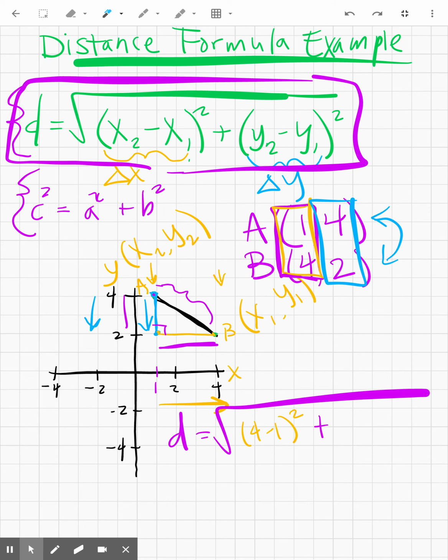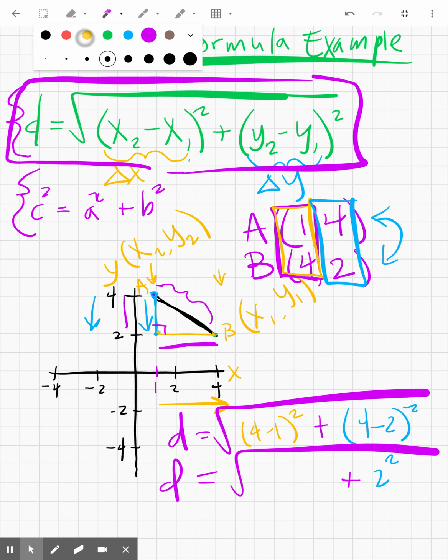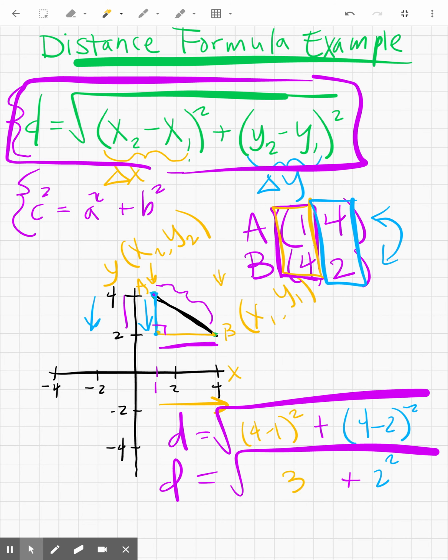So the difference between 4 and 2, difference just means subtract, right? 4 minus 2, the difference there is 2. And we're going to do our little add sign. The difference between 4 and 1 is going to be 3.